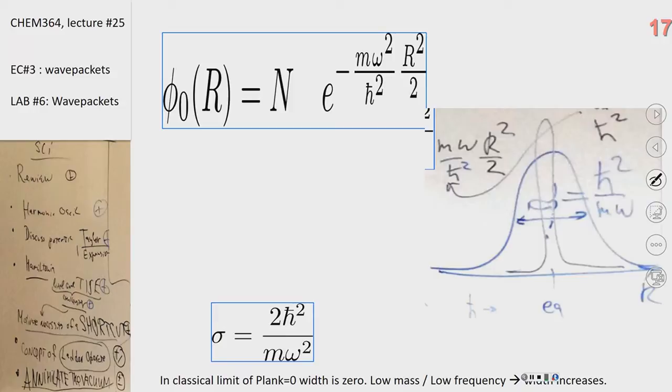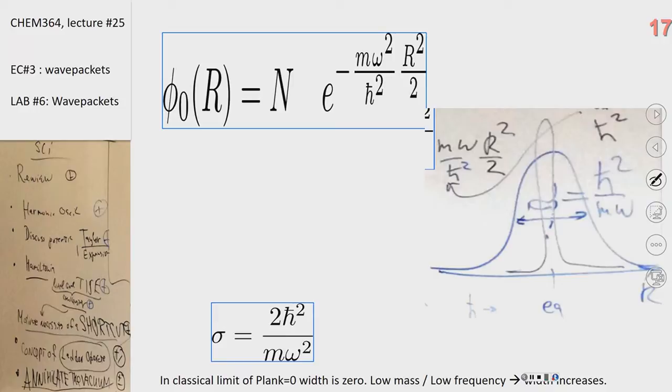So Gaussian functions of elongation from equilibrium. This one is the equilibrium elongation. And if you draw the wave function or its absolute value squared, you see that the further away you are from equilibrium, the less the probability to find particles there, which makes sense. Highest probability at the equilibrium elongation.